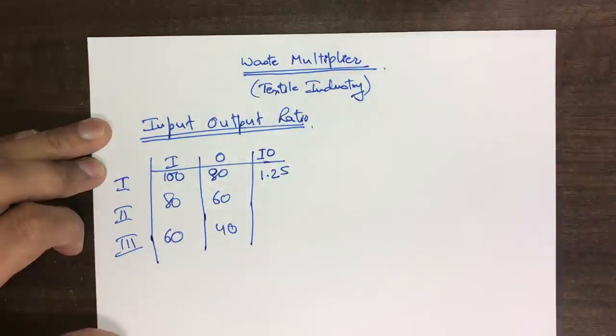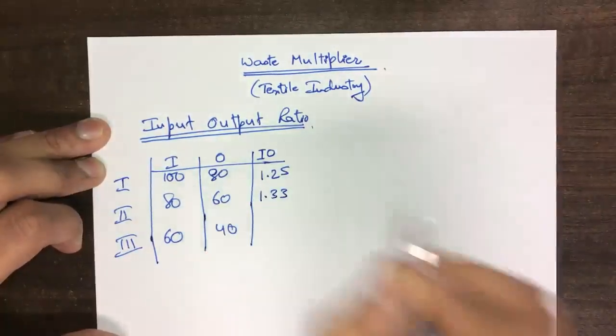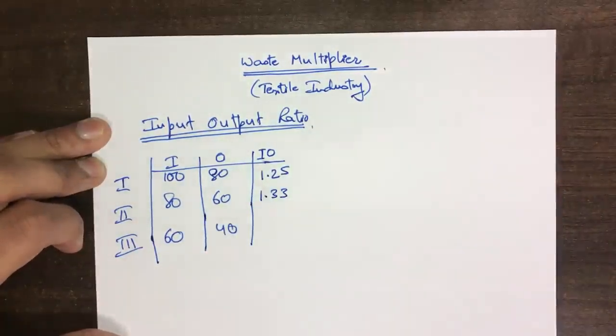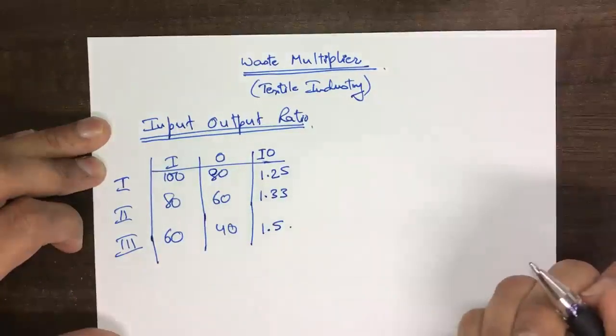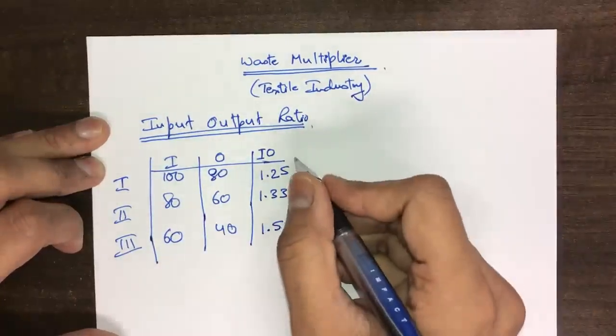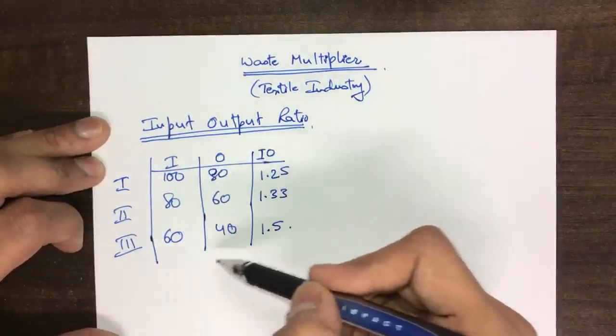For the second process, it will be 80 divided by 60, which is 1.33. For the third process, it will be 60 divided by 40, 1.5. So this is the input output ratio of a particular process which has the following numbers.